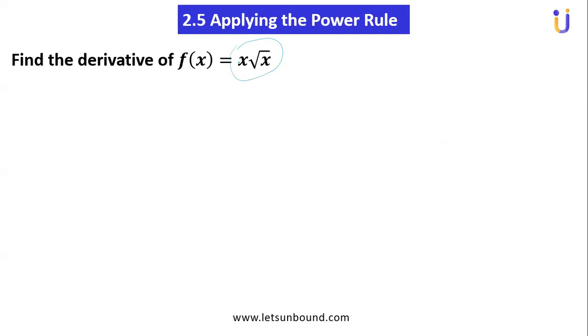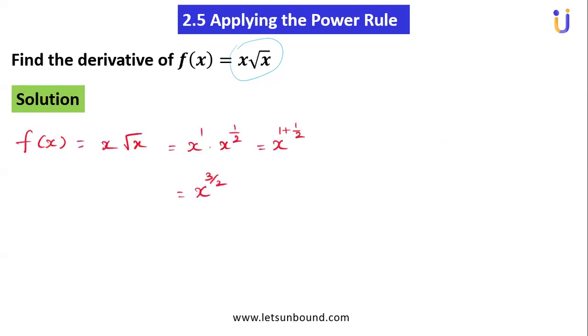Now, applying the power rule. Okay, so this is something you can express in power form. For example, how to solve this? First, make it in a convenient form, right? So x root x means x power 1, and root x is x power half. You combine it and simplify it as much as possible. Now it becomes like x power n.